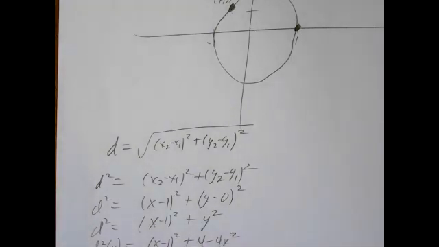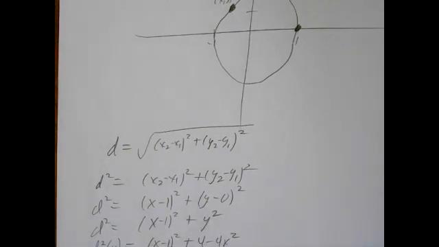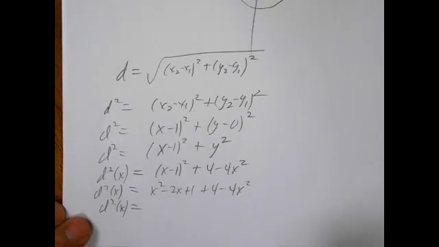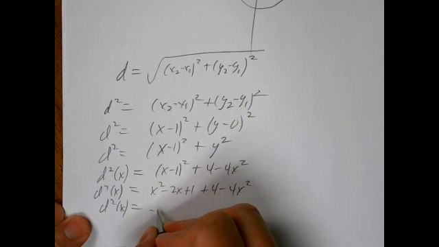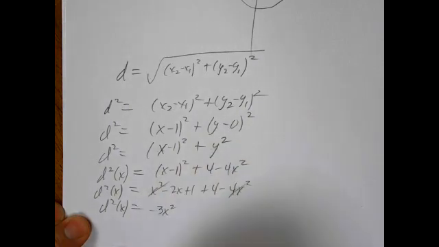And now seeing this written this way, I think I might just go ahead and FOIL. It's x squared minus 2x plus 1 plus 4 minus 4x squared. So my distance squared as a function of x, cleaning up a little bit, is negative 3x squared, because I combined those two, minus 2x, and plus 5.